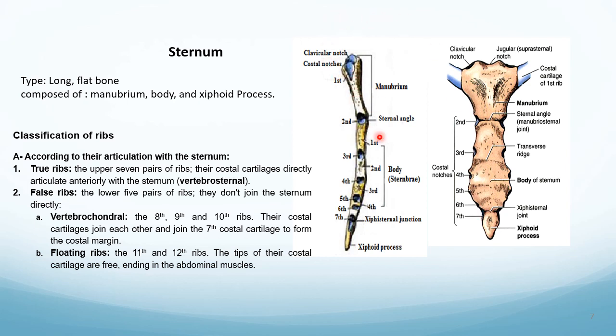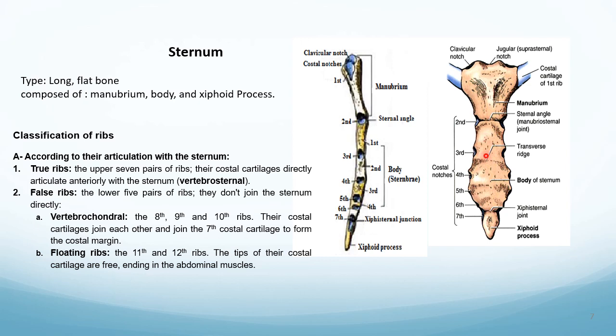This slide showing the anterior and lateral view of the sternum. The sternum is a flat bone formed of the following three parts. This is the manubrium, this is the body, and this is the xiphoid process.